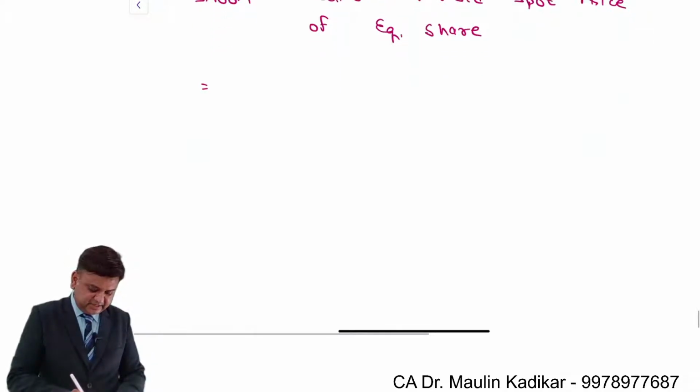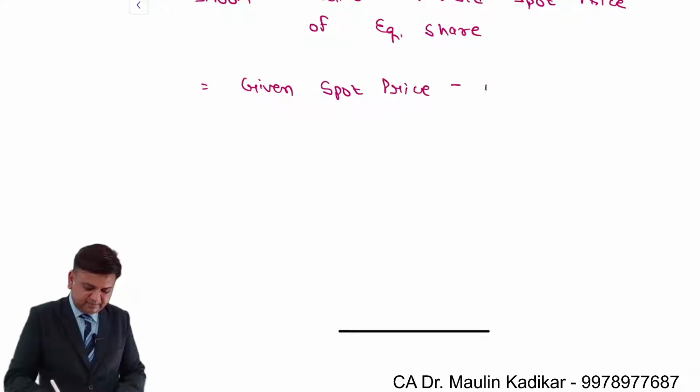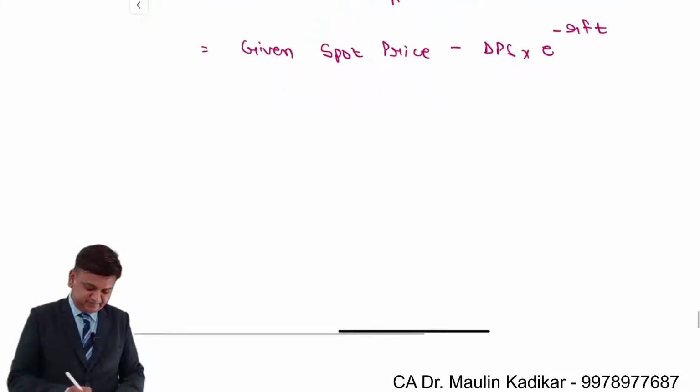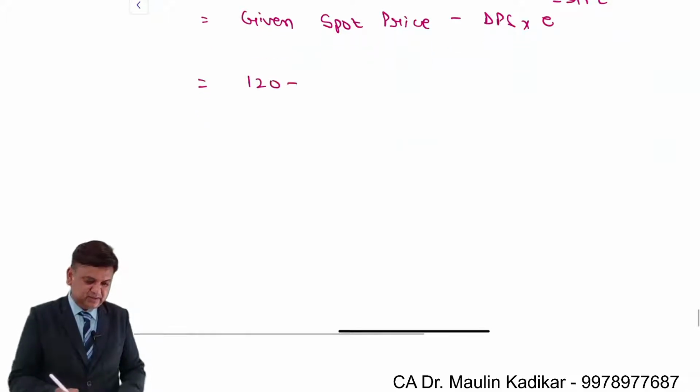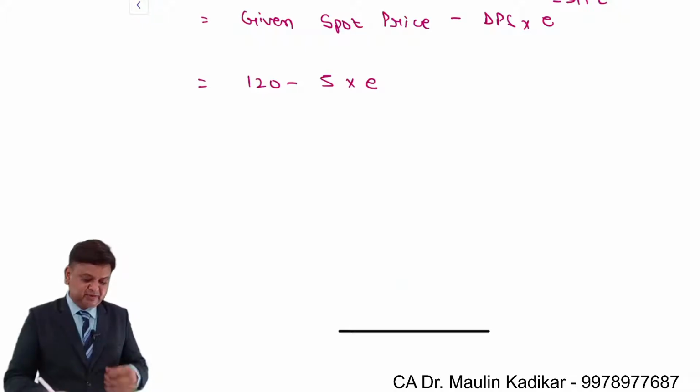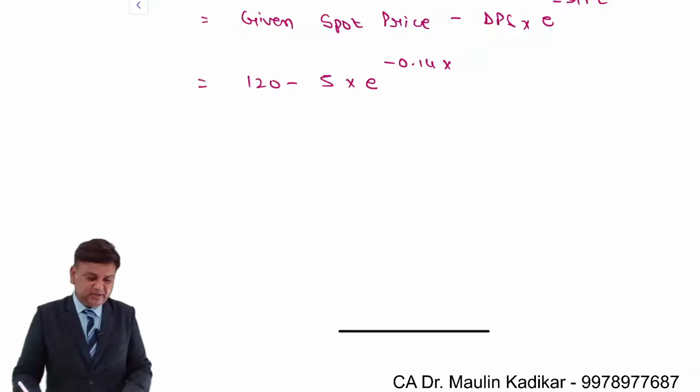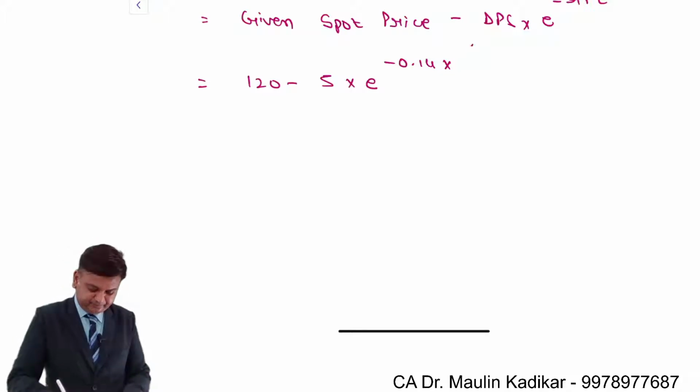It will be calculated as given spot price minus dividend per share into e raised to negative RF into t. This is the formula. The given spot price of the equity share is 120 minus dividend per share 5 into e raised to negative RF, that is negative 0.14, into time period, that is 4 months, so 4 divided by 12.